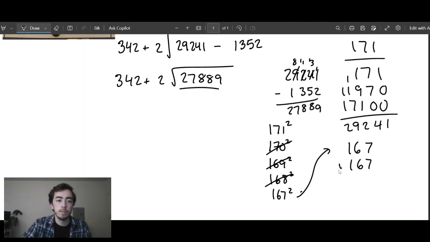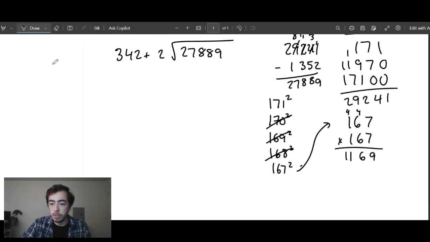Let's try it out. 7 times 7, like I said, it's 49. So I'll do a 9, carry the 4. 7 times 6 is 42, plus the 4 is 46. 7 times 1 is 7, plus the 4 is 11.